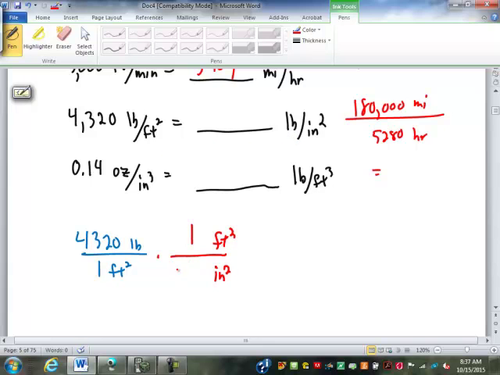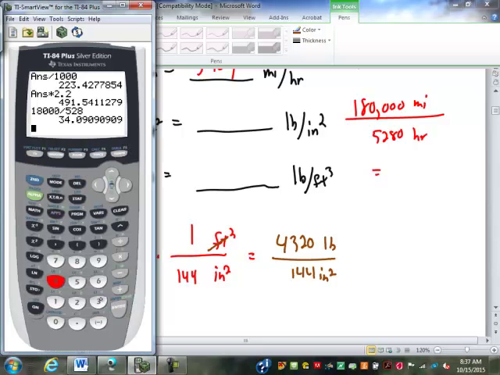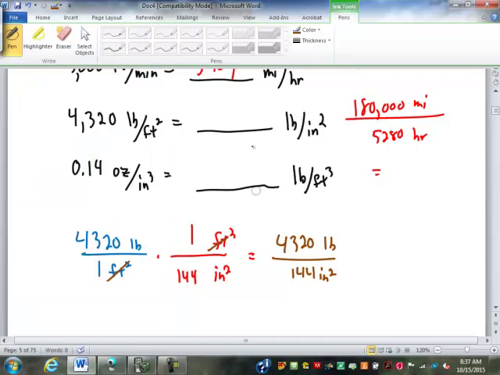So 1 square foot is 144 square inches. So the feet divide out, we've got 4,320 pounds in 144 square inches. We're going to divide that out. Should give us 30 pounds per square inch. Anybody get that one?